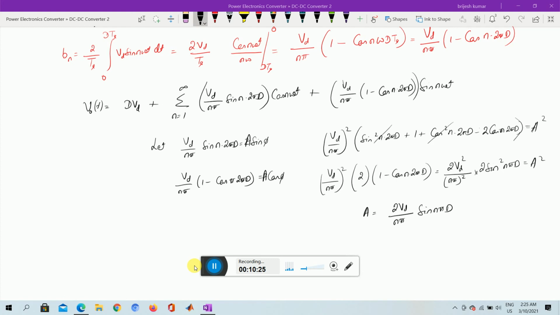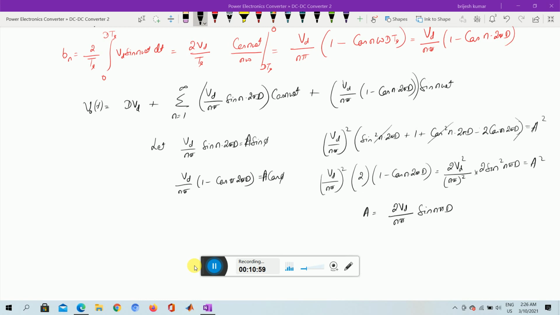We take 1 plus 1 is 2, so 2 is outside, and what you get, 1 minus cos of 2 n pi d. 1 minus cos theta is 2 sine square theta, so 2 sine square n pi d, so 2 times 2 is 4.